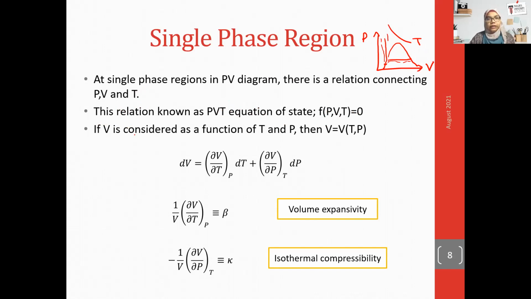If V is considered as a function of temperature and pressure, then we can write the correlation as V equal to V as a function of temperature and pressure.